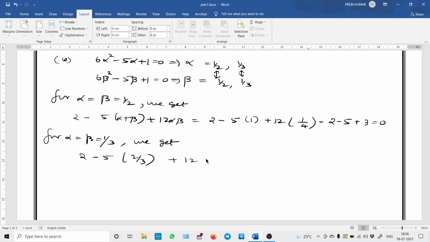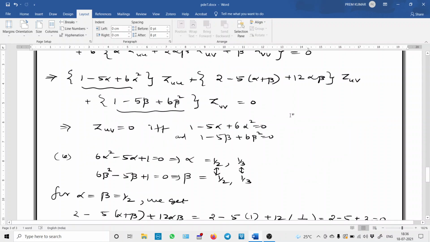Again this becomes 2 minus 10 by 3 plus 4 by 3, which is 6 minus 10 plus 4 over 3, equals 0. Again for this combination, alpha and beta equals 1 by 3, this term becomes 0.